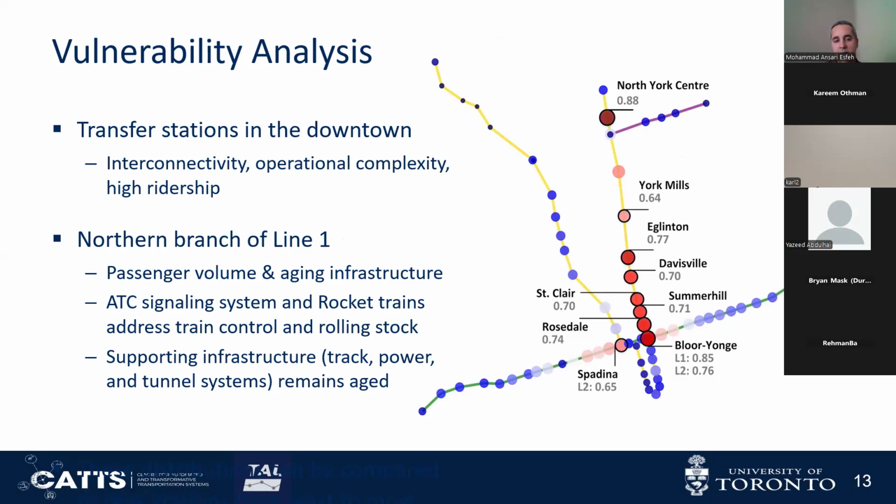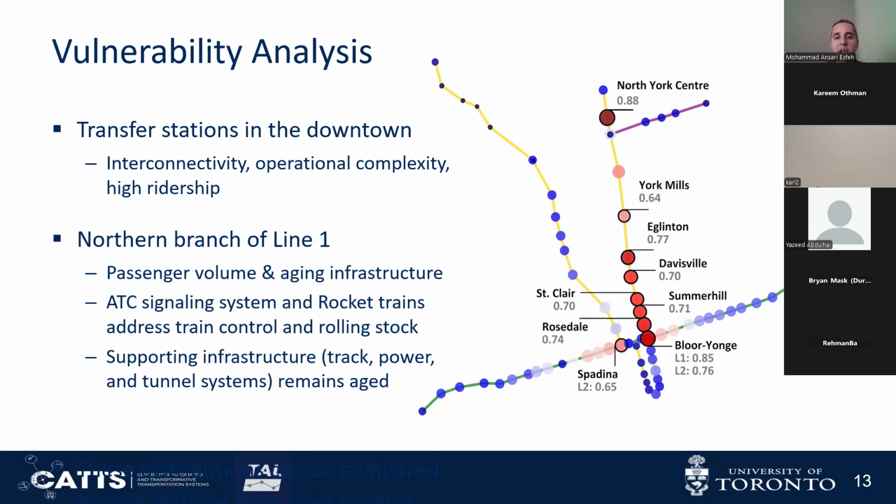The first one is the transfer stations in the downtown area, including Bloor-Yonge on line 1 and line 2, Spadina on line 2, and also St. George. St. George is not in the top 10, but it is one of those with relatively high vulnerability. These stations experience high interconnectivity because two transit lines meet at these stations, and disruption can easily propagate across the network when they are out.